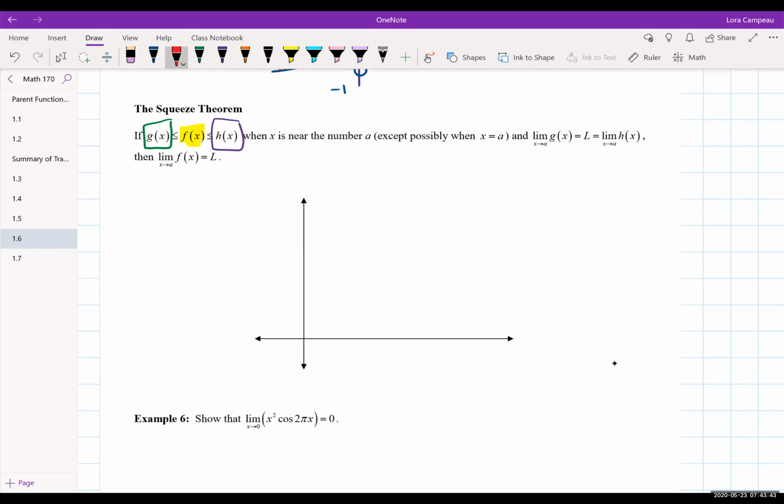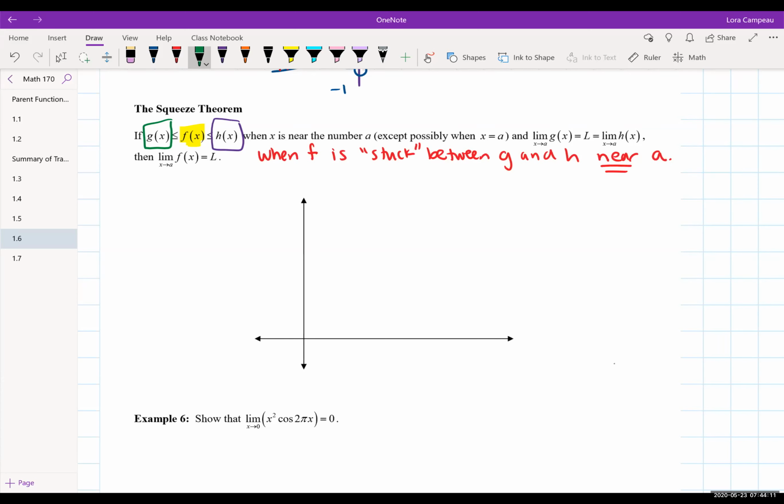If I can talk about this in plain English, they're asking us, when f is stuck between g and h, near the particular value that we're trying to talk about. I'll draw an example.